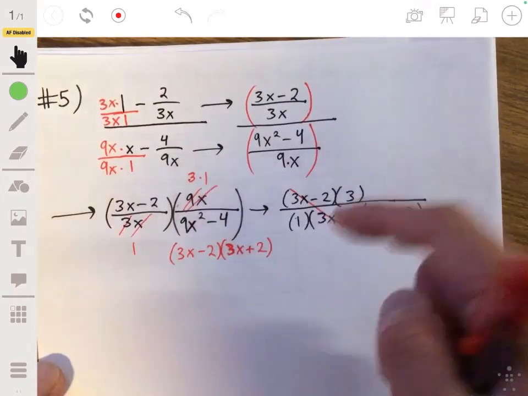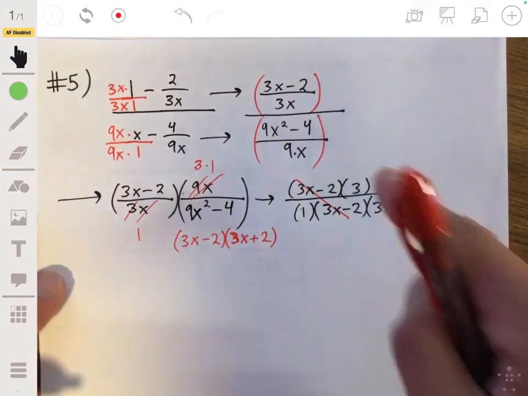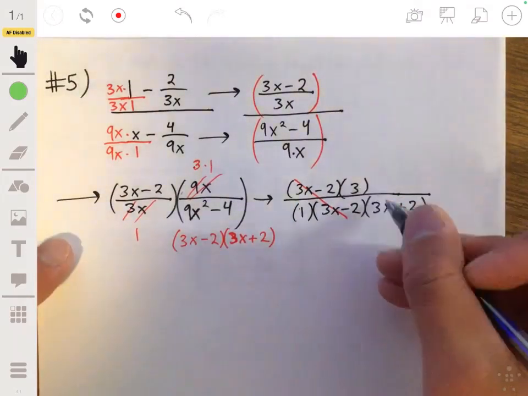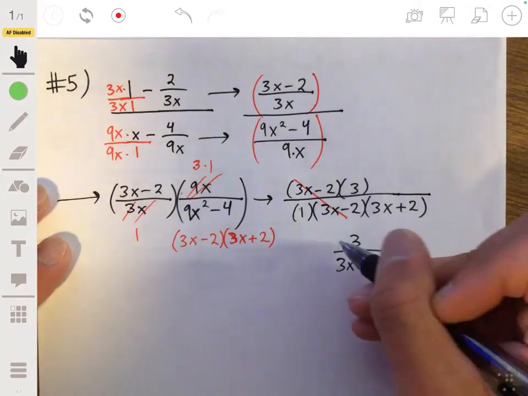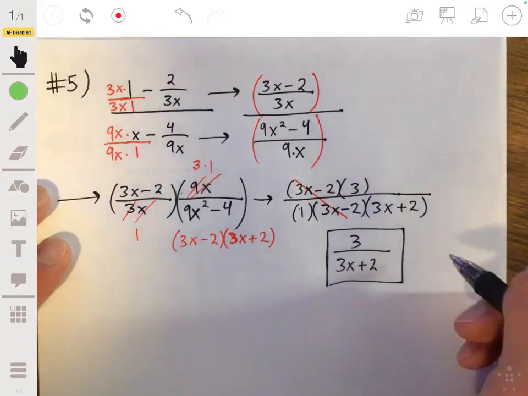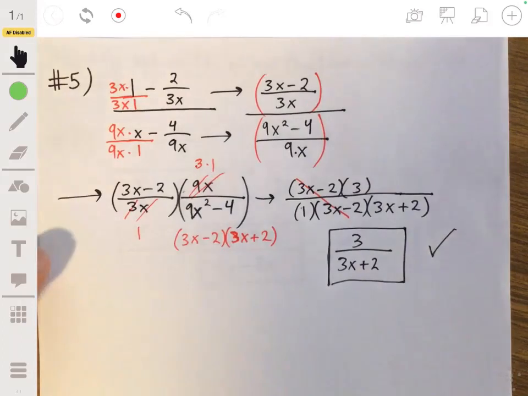And then these 3x minus 2 groups cancel. And so all you're left with is the 3 over 3x plus 2. And that'll be your final answer.